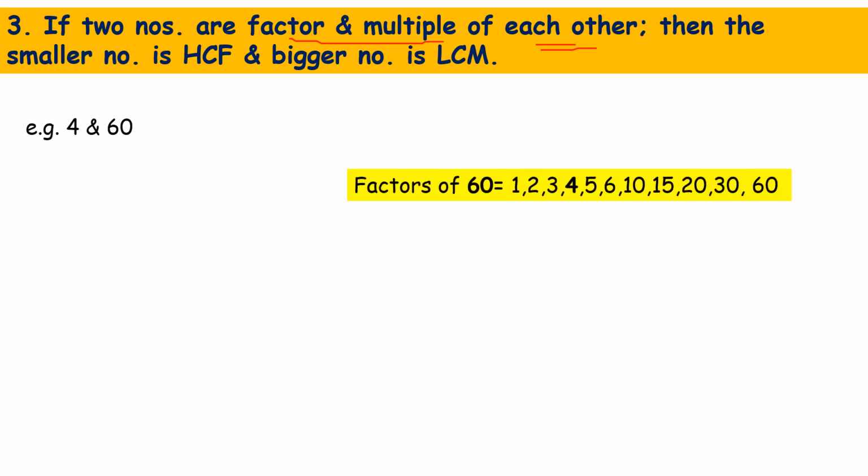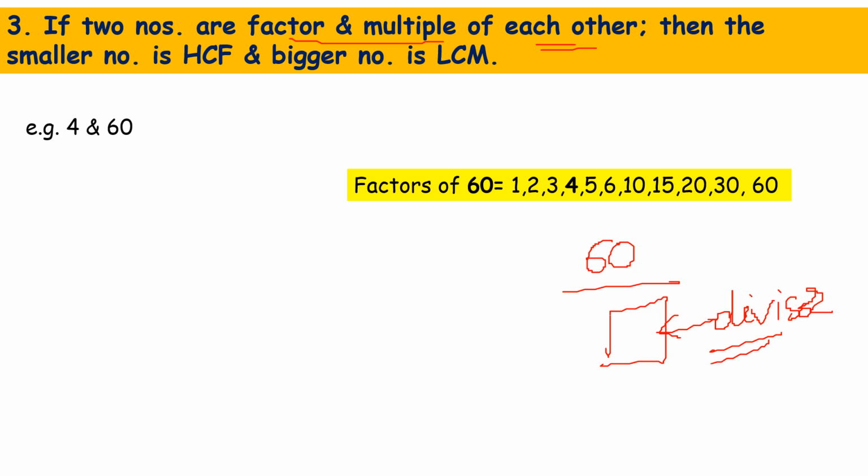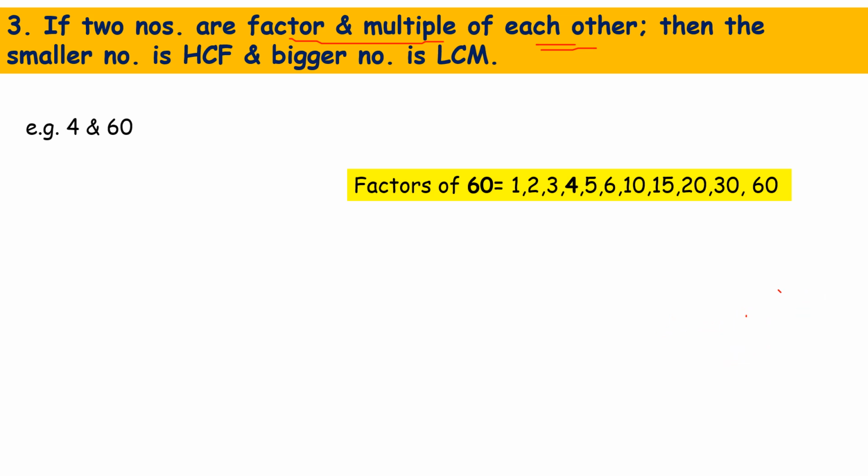Let's see this. Now the factors of 60 are, as I said, factors means we need to find numbers which will divide this 60. So factors means we should be able to find the divisor, okay, the denominator of a fraction, right? So which numbers will divide this 60?